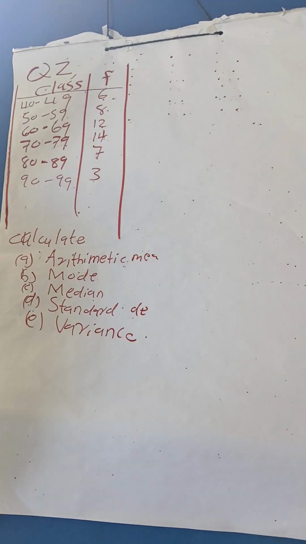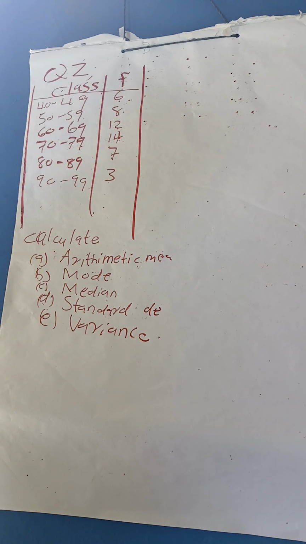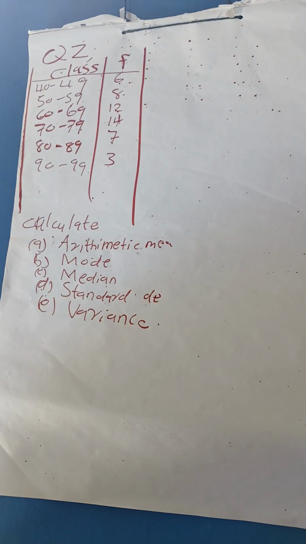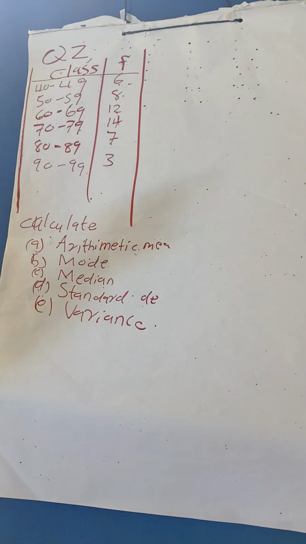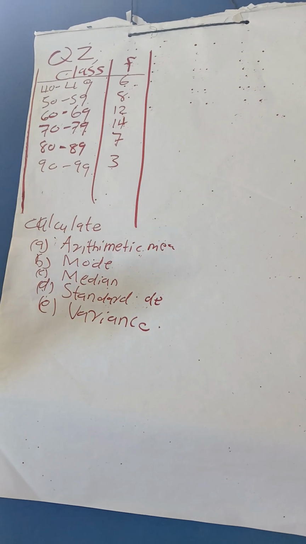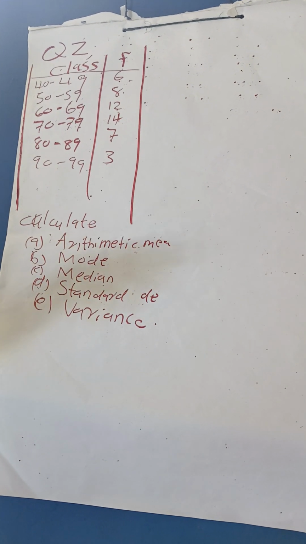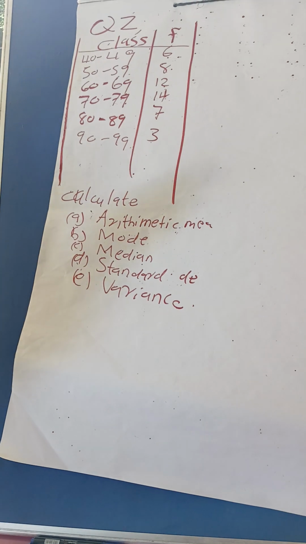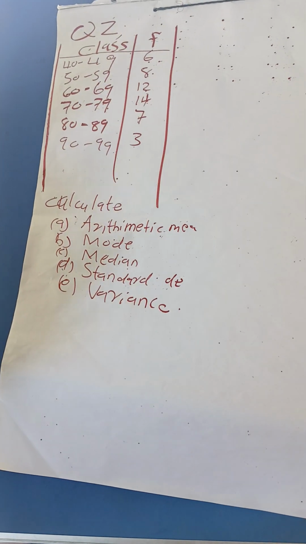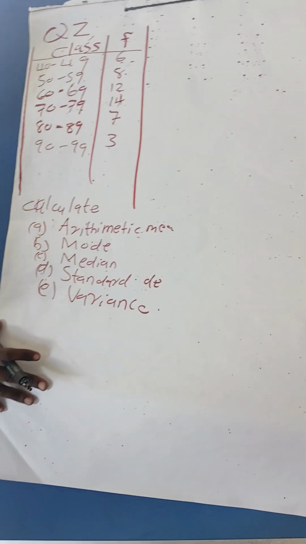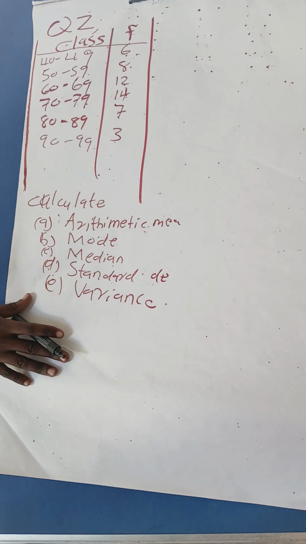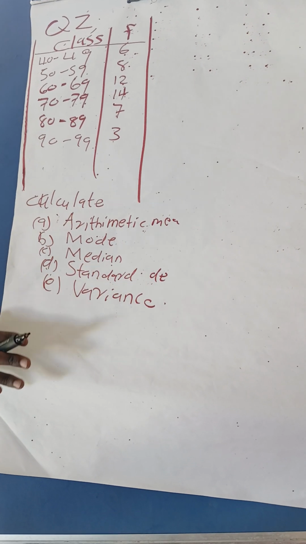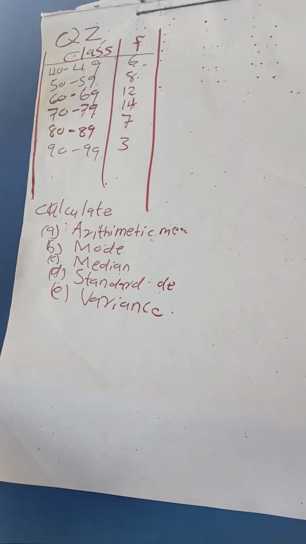I have remained with this part to teach you: using the same frequency table to draw the ogive curve, and also calculate quartiles, deciles, and percentiles. But for this session today, I want you to fill the table, then calculate the arithmetic mean, mode, median, standard deviation, and variance using the formulas I've given out.